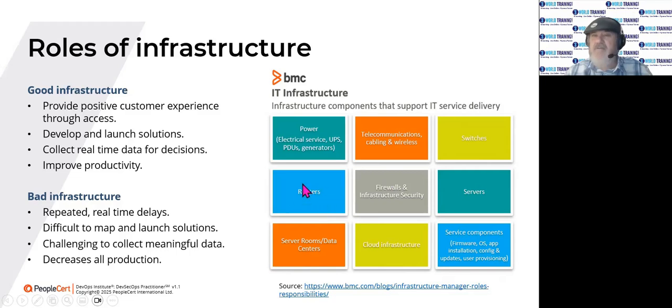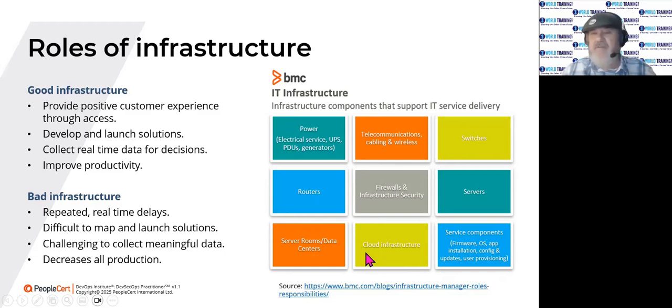Routers themselves, so routing traffic. Firewalls, infrastructure security around firewalls could be considered part of the infrastructure. The servers for running tasks, executing, taking on work. Server rooms themselves, the actual physical room, the data center itself could be considered part of the infrastructure.